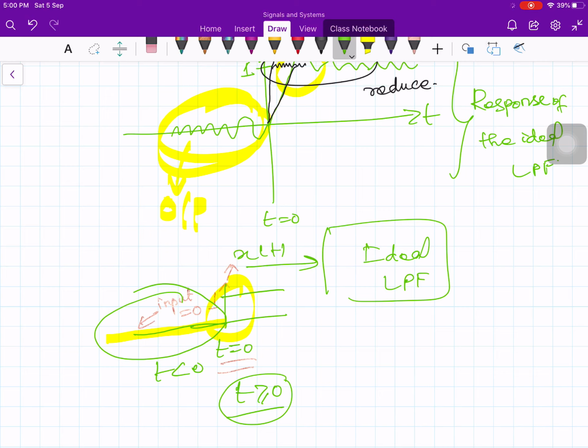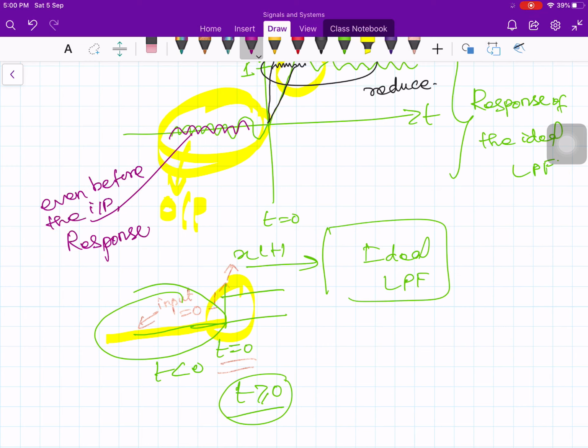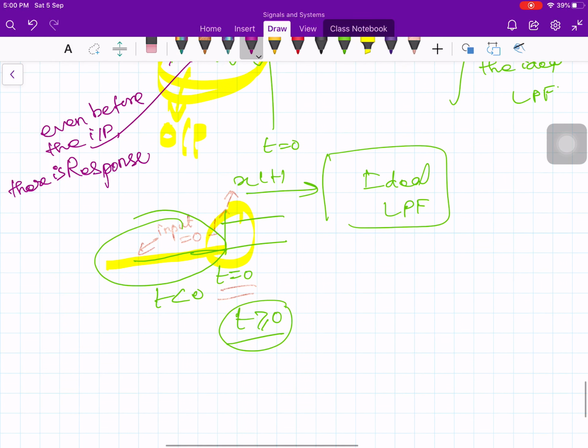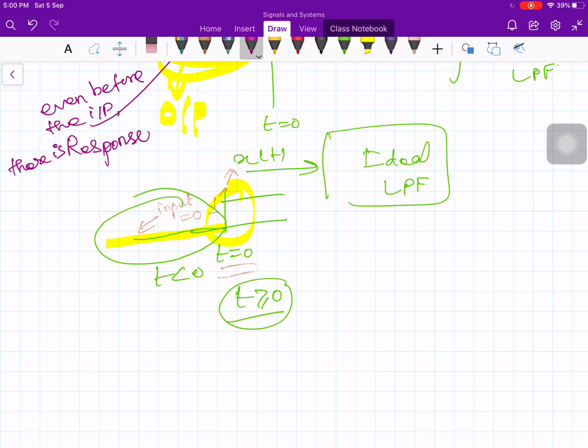See, the response is slowly oscillating like this, even before the input, there is a response. This clearly shows that this is a non-causal system. Causal means what? We know the definition.